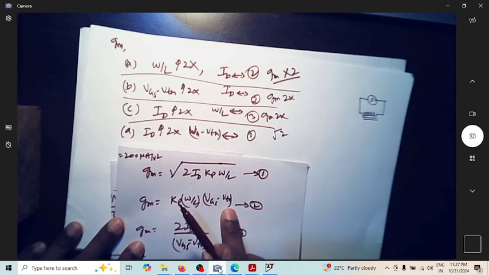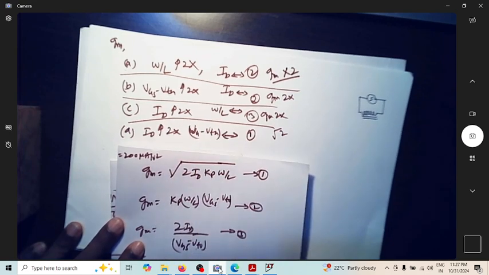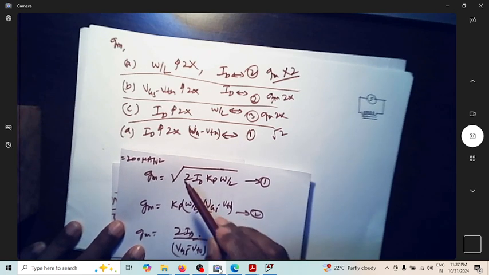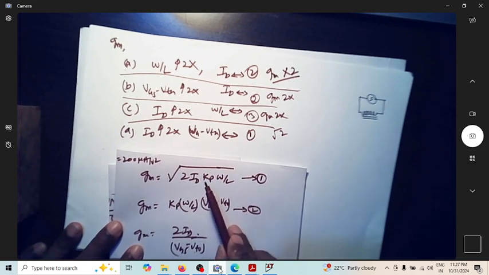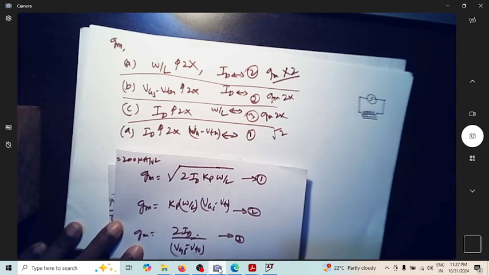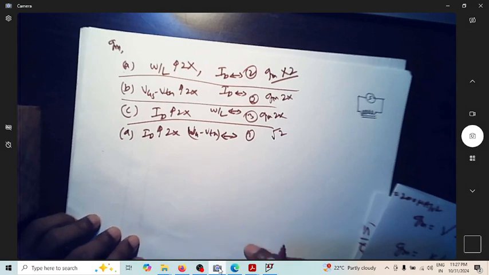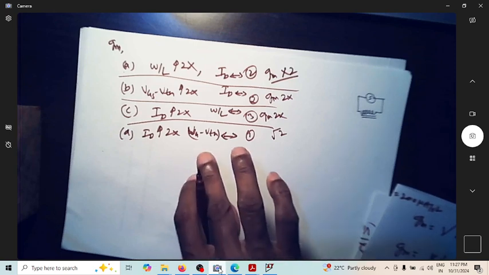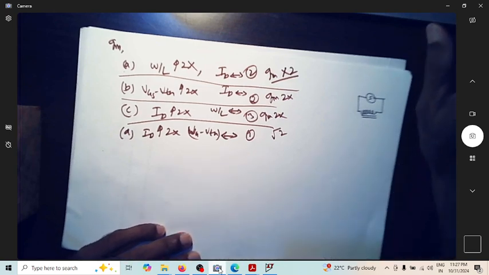It's again equation number 2. Over here you should have ID but there should not be W by L, so it is equation number 3. Next you should have ID but no VGS minus VTH. It is equation number 1. So this is how GM changes as one of the parameters changes while keeping the other parameters constant.